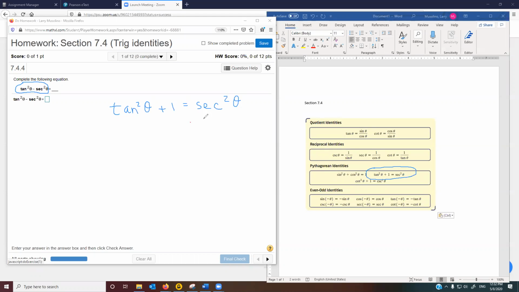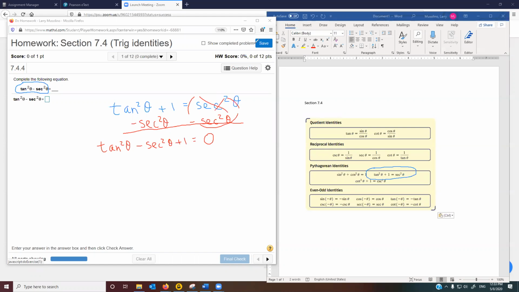So let me subtract secant squared from both sides of this equation. If I do that, I'm going to end up with tan squared minus secant squared plus 1 equals, on the right-hand side, secant squared minus secant squared, so that's 0.